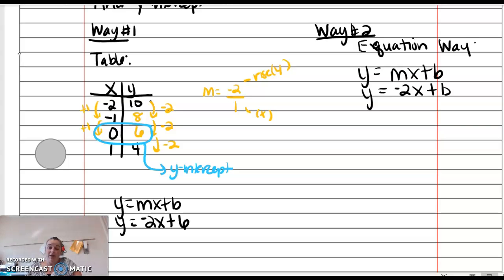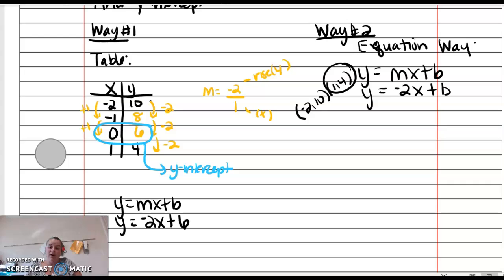Now, in this problem, they gave us 2 points. They gave us -2, 10, and they gave us 1, 4. I like to pick the point that is not negative, if I can. So I might pick this point 1, 4, and it doesn't really matter which point you pick, but make sure you put in the right x and y.